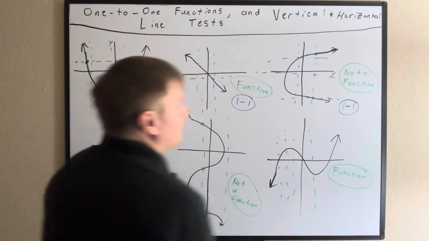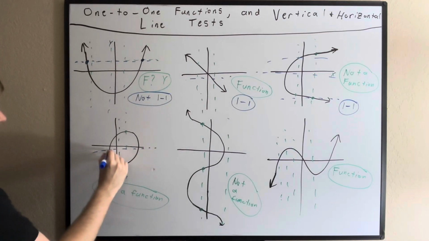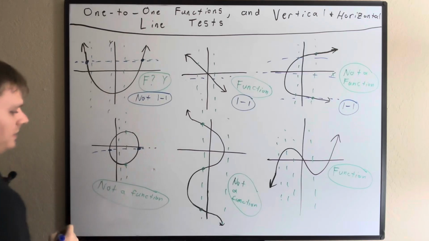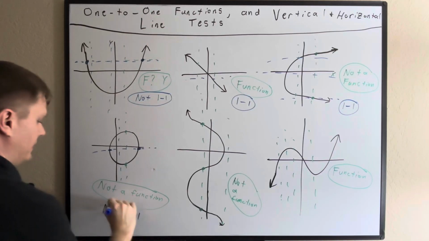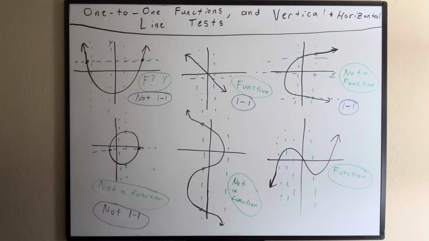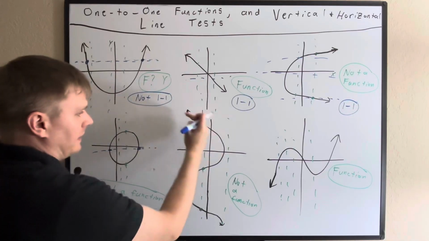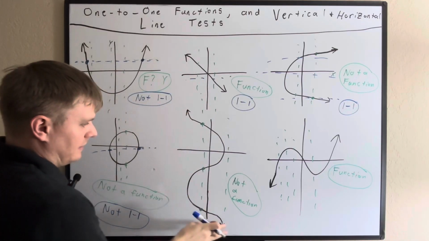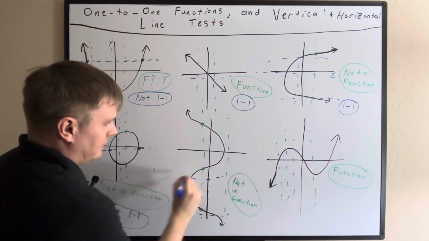All right, what about the circle here? Nah, that crosses twice for sure. Not one-to-one. So we have an example of something that is neither. It's not one-to-one or a function. That's a circle. Circles are weird. All right, what about this one? This is an S shape, but I think it passes the horizontal line test for sure.